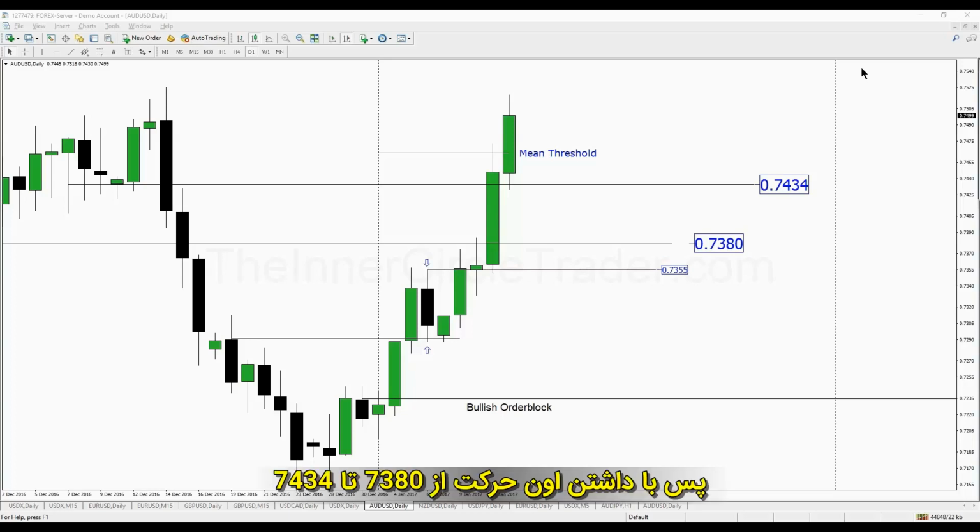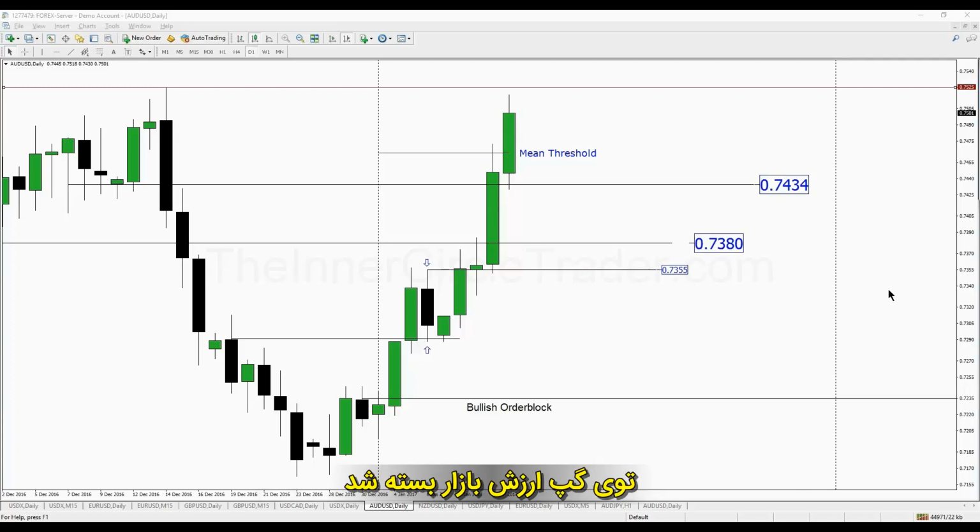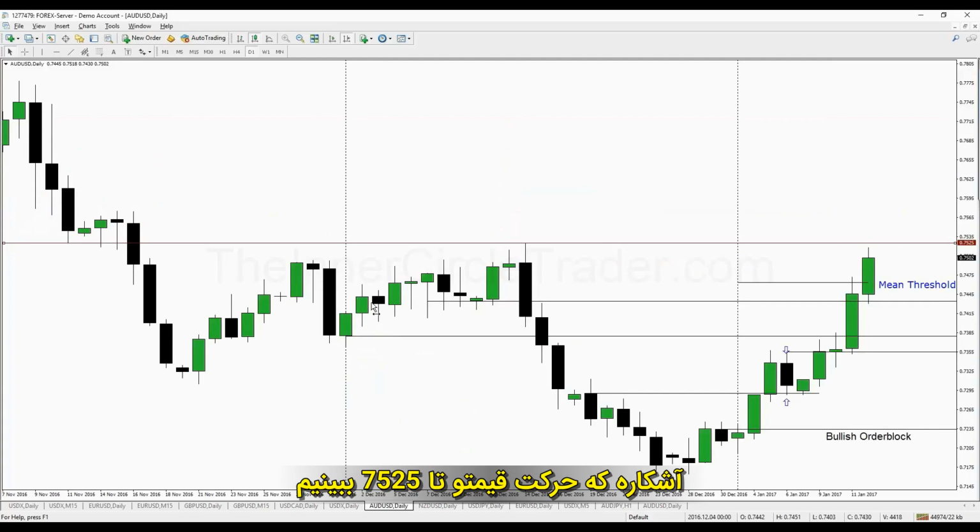So having that move from 73.80 to 74.34, it closed in that fair value gap that we've been monitoring that occurred in December 2016, and then price has moved through the mean threshold. It's obvious that we'll see a move above that 75.25 level.